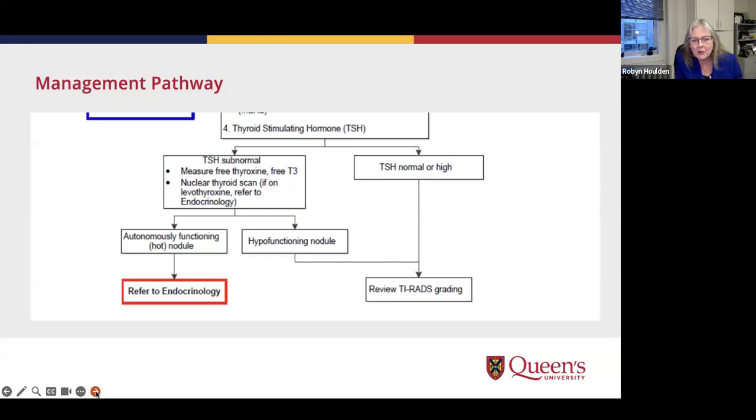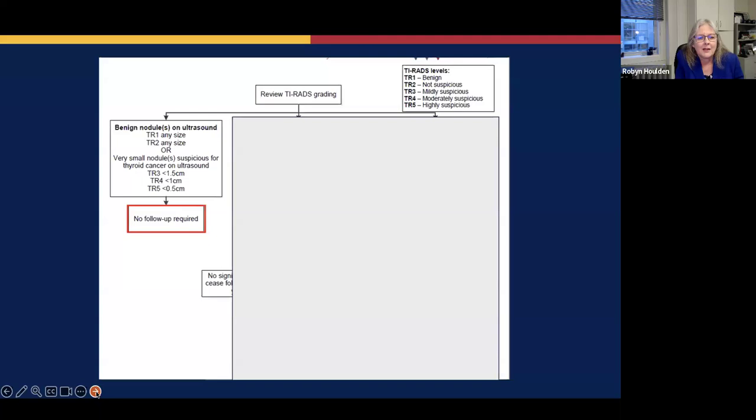Okay, but these hypofunctioning nodules with a low TSH or people with normal thyroid function tests, we're going to look at the TIRADS reporting next. Okay, so then we're going to go down the algorithm a bit more. Next slide. So these are the nodules that we really don't worry about that I've shown you here.